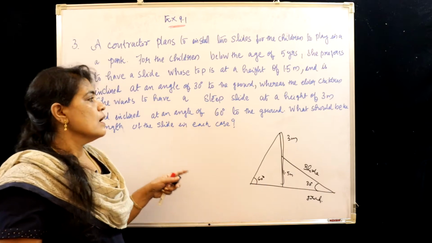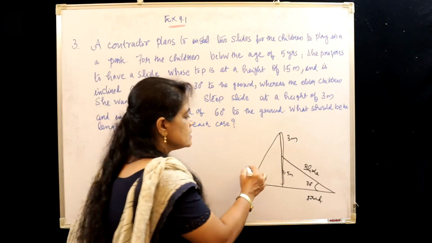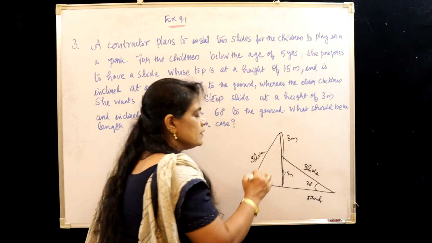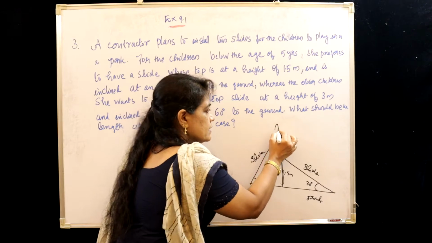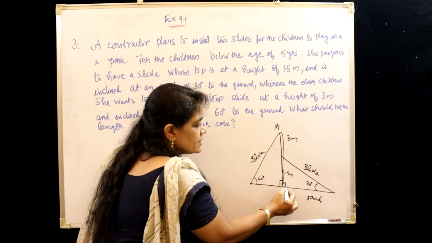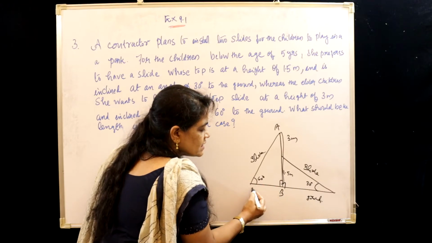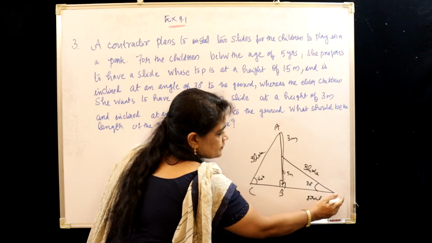So what is asked? What is the length of the slide in each case? So this is the slide for the elder ones. And here it makes a 90 degree. You can treat this as 2 different right triangles ABC and ABD.